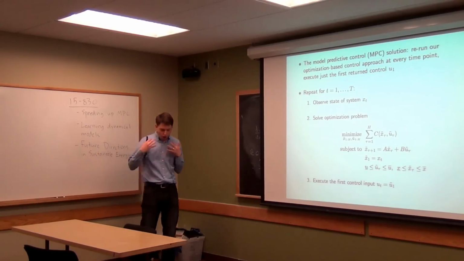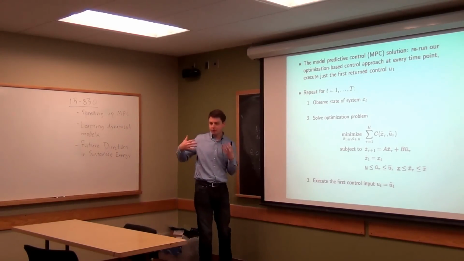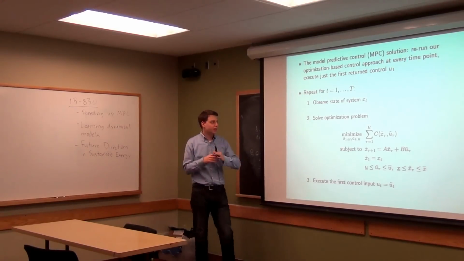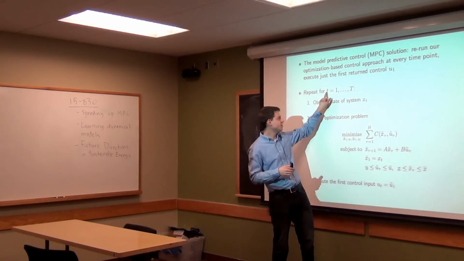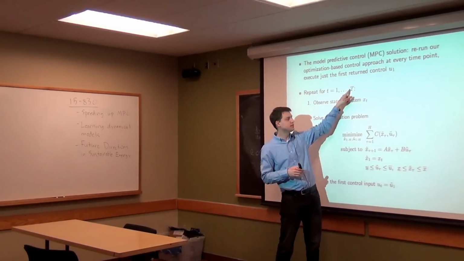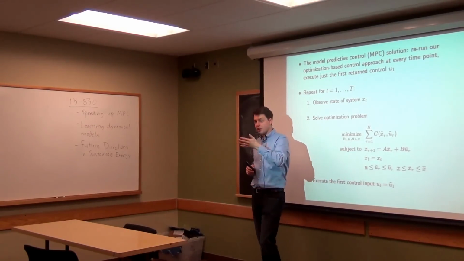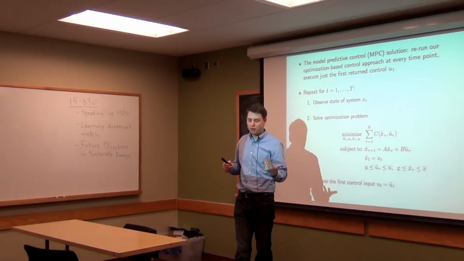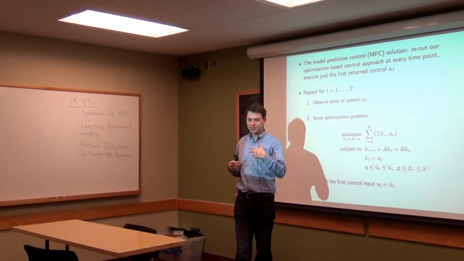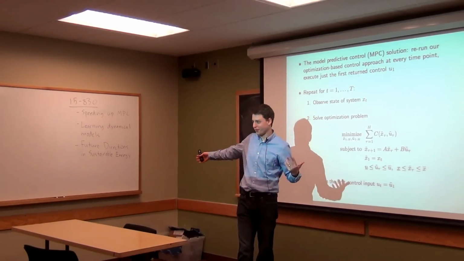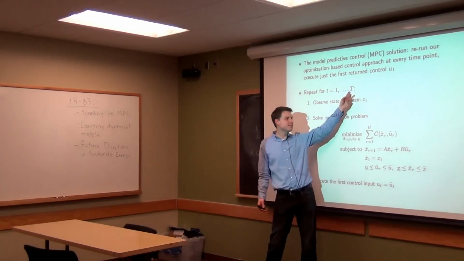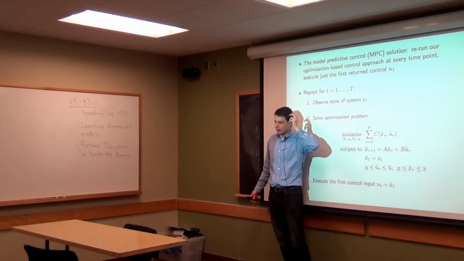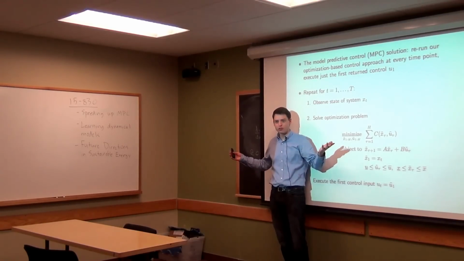Our control task, the thing we're actually trying to solve, is some control task from time t equals 1 to T. Now in reality, T could be very long, because you probably don't want to control these generators just for 10 seconds. You probably want to control them forever. So T here, big T, is potentially very, very long, and potentially even infinite. You just want to do this control forever.